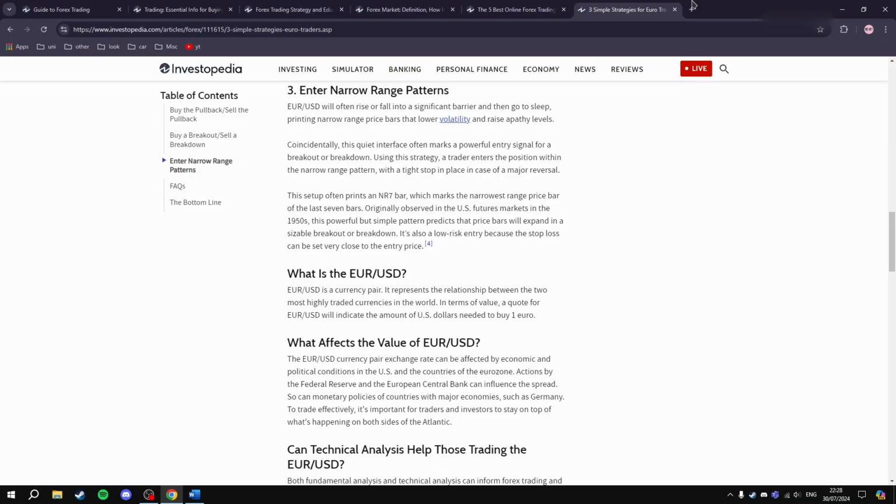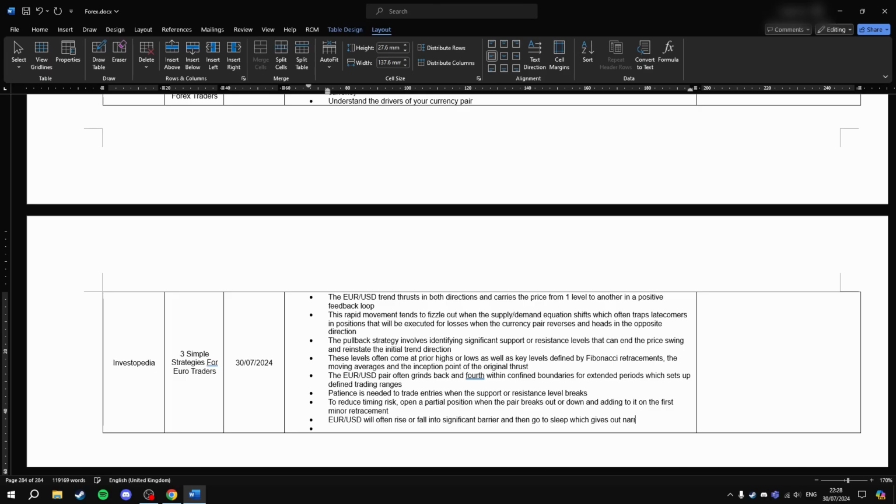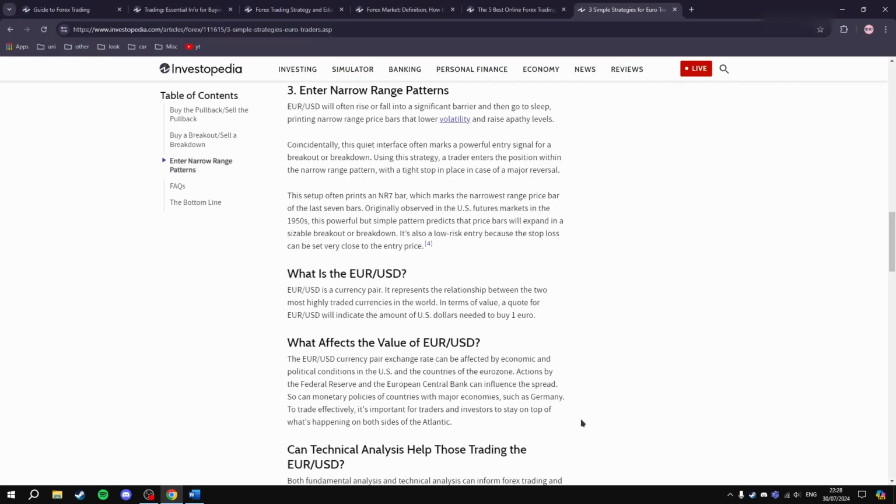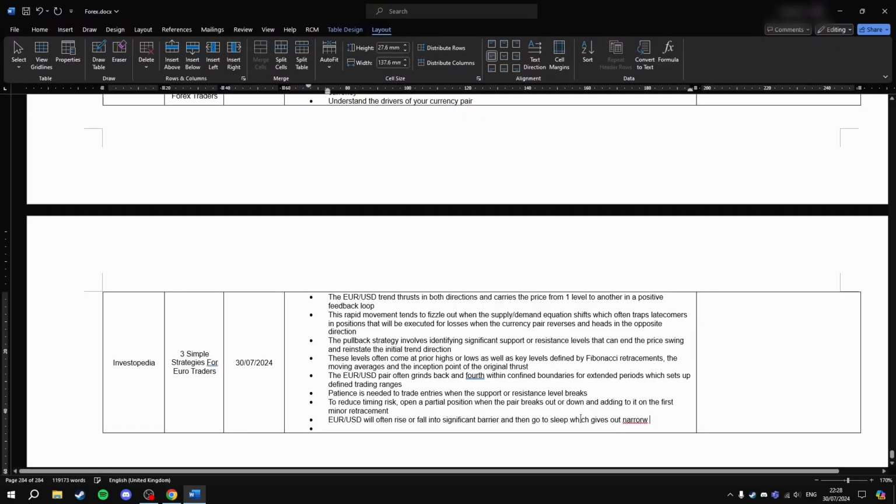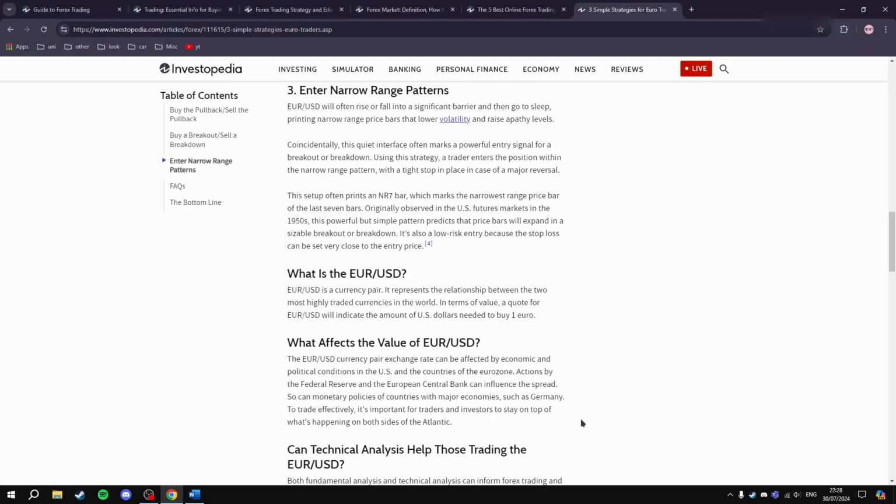So the highest price that has been sold and the lowest price that has been bought are very close to each other. That lower volatility and raised apathy levels gives out narrow range price bars.